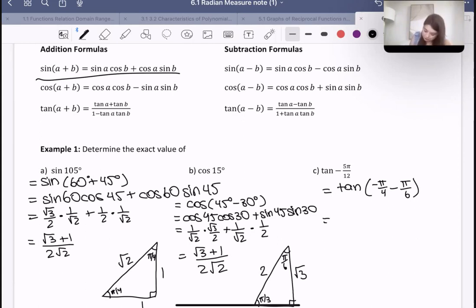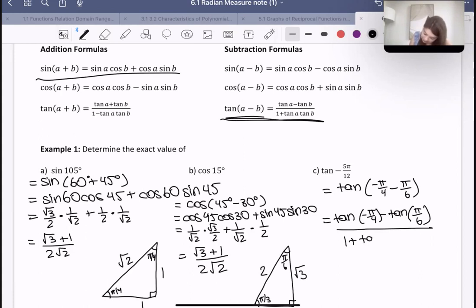So therefore, we have tan negative pi over 4 minus tan pi over 6, right? Because we're using this formula here now, over 1 plus tan negative pi over 4 tan pi over 6, like that.